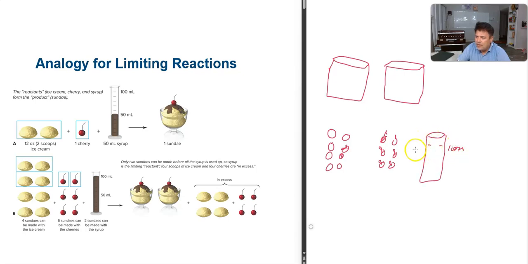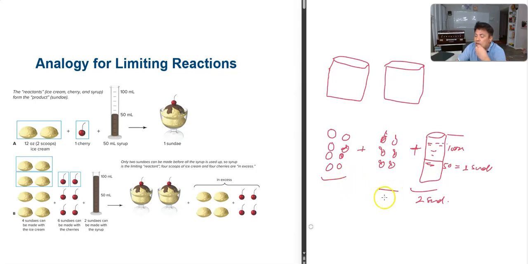But you cannot mix all of them, because you have syrup of only 100 ml. 50 ml means 1 sundae, and the other 50 ml means the second sundae. That's why you can only make 2 sundaes. You have more than enough ice cream and more than enough cherries, but you can only make 2 sundaes.